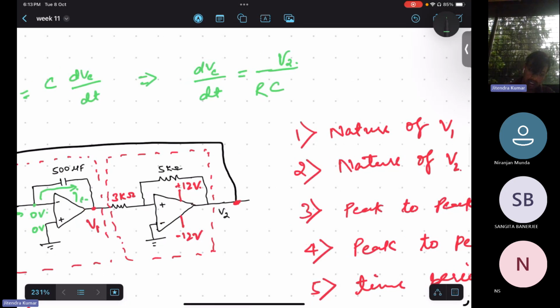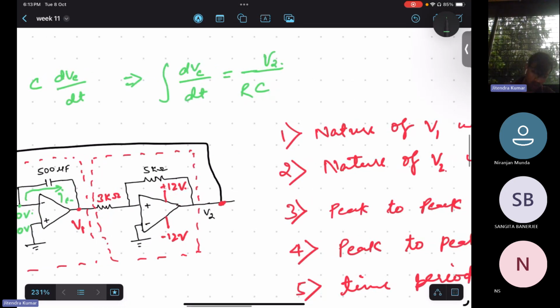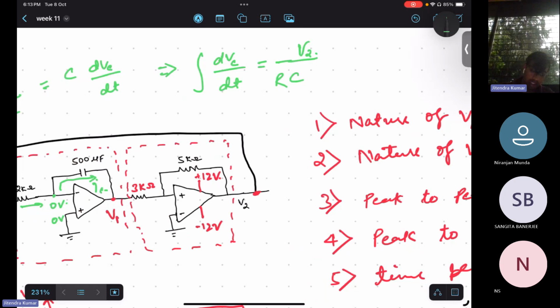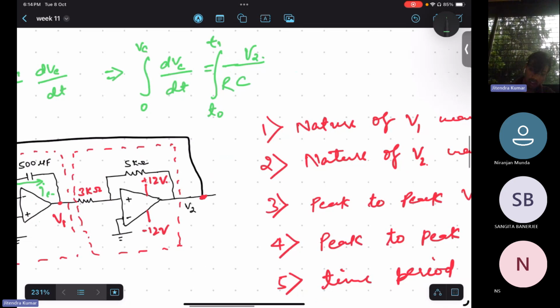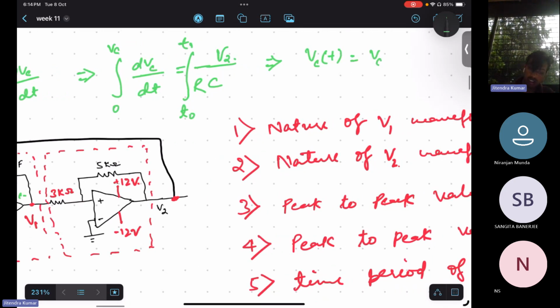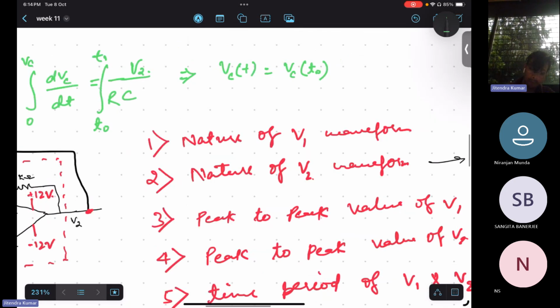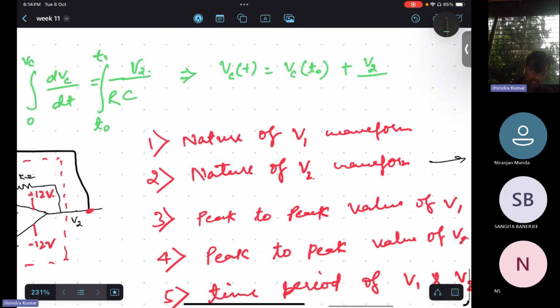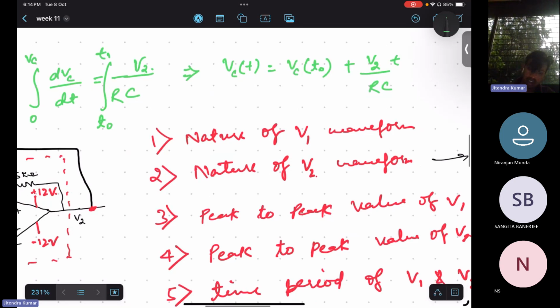Now, if we integrate it on both sides, Vc goes from Vc at T0 to Vc, and T goes from T0 to, let's suppose, T1. So if you integrate, Vc(t) will be equal to Vc at T0 plus V2 by RC into T, and that T could vary till T1 minus T0.